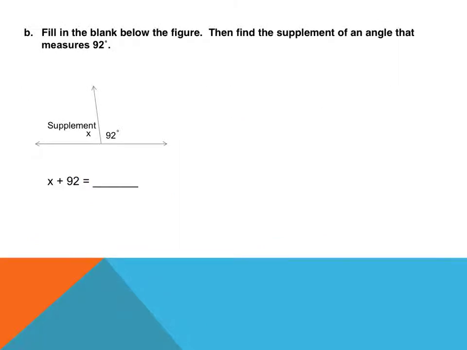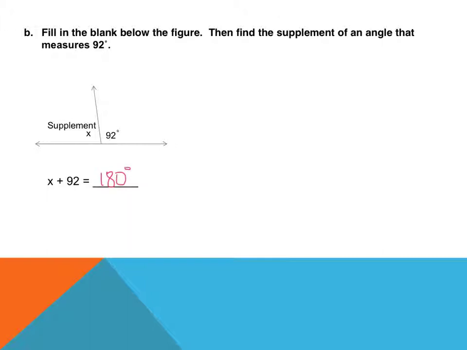Okay, example B, we're finding the supplement of an angle that measures 92 degrees. Notice that these two angles form a straight line. So x plus 92 equals 180 degrees.